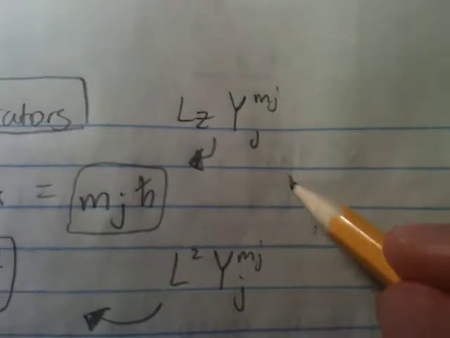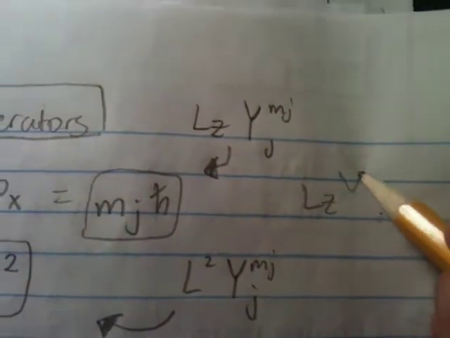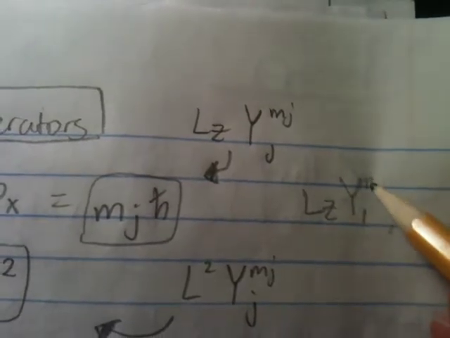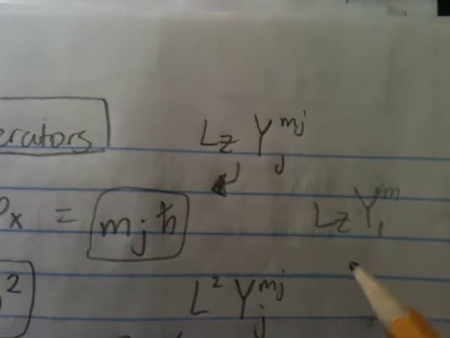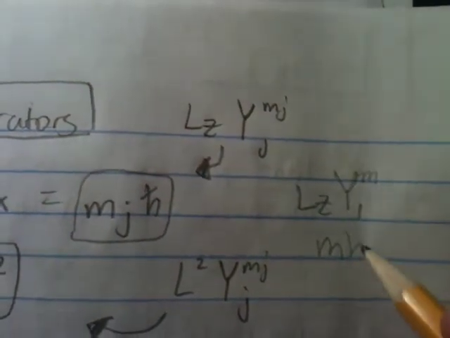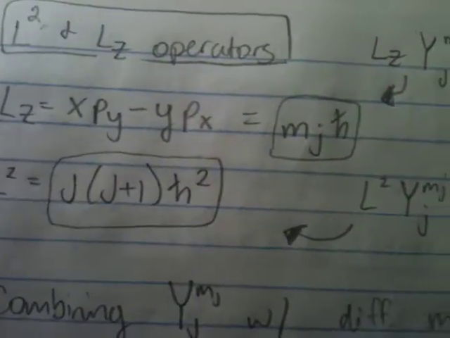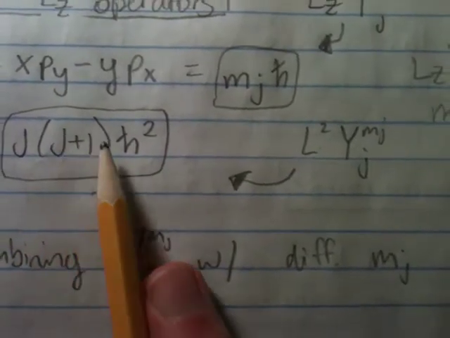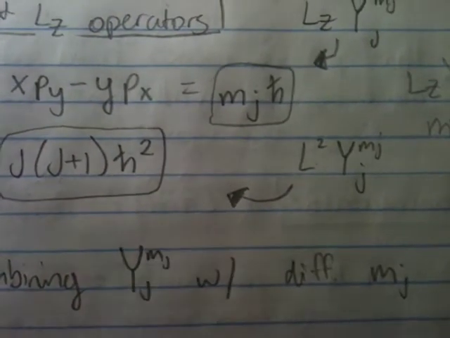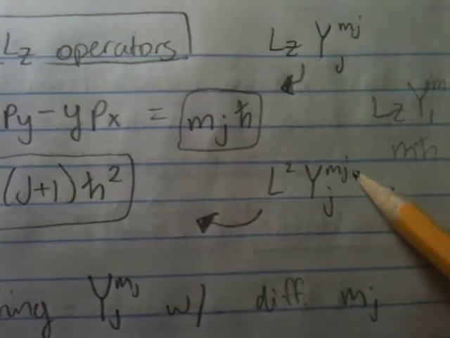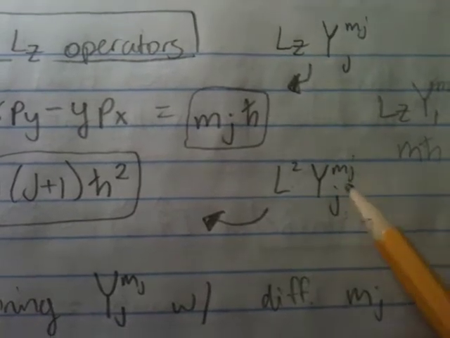If this were on the rotational, this would just be M. You can also apply the L squared operator, and you'll get j times j plus 1 times h bar squared. Remember, this is the state, this is the momentum.